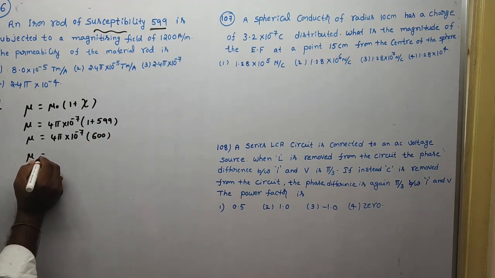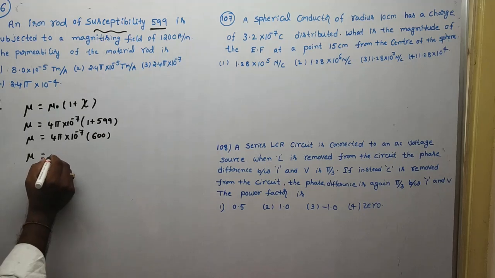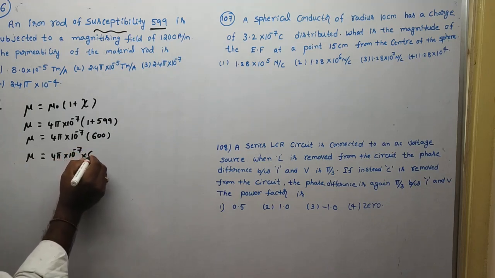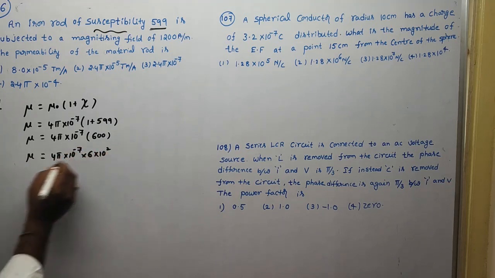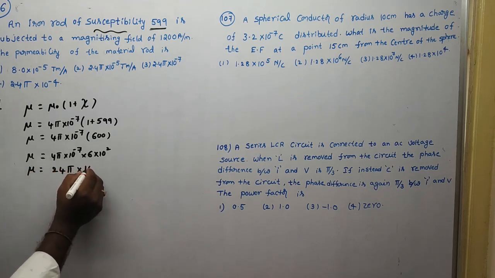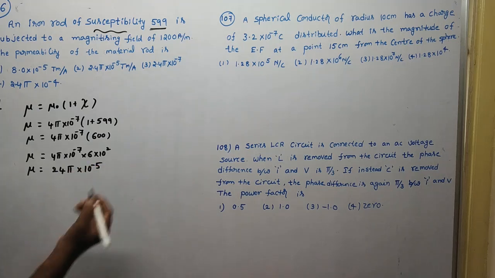Therefore, mu equal to 4 pi into 10 power minus 7 into 6 into 10 square. Therefore, mu equal to 24 pi into 10 power minus 5, which is the required answer.